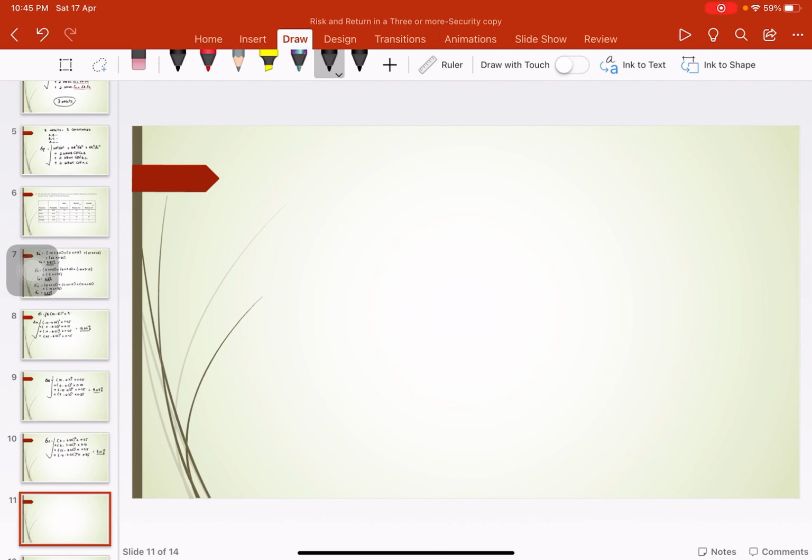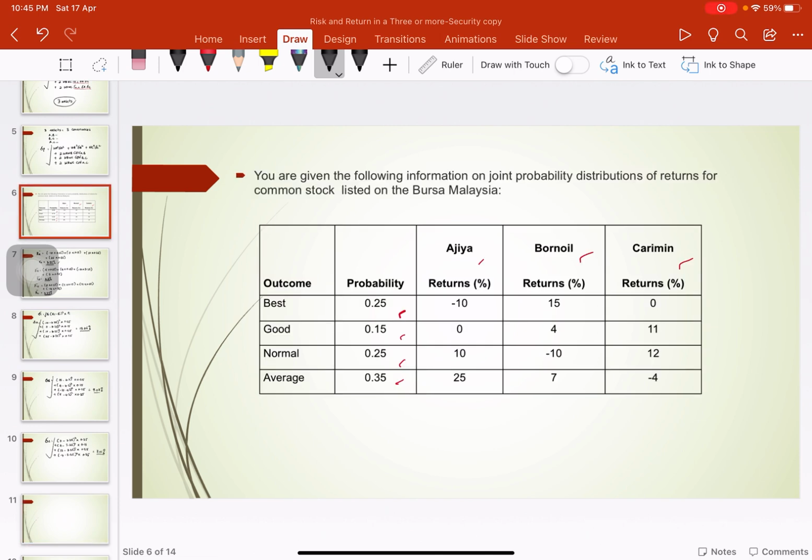So next, kalau ada question tu tadi, I tak copy habis soalan tu tadi. Dia kata kat sini, calculate the portfolio return and risk if you invest 100,000 in Ajia.